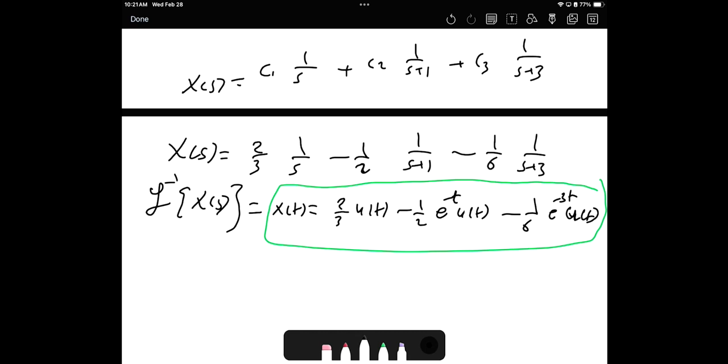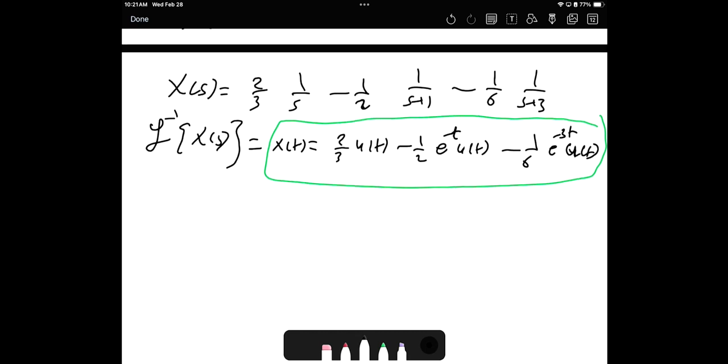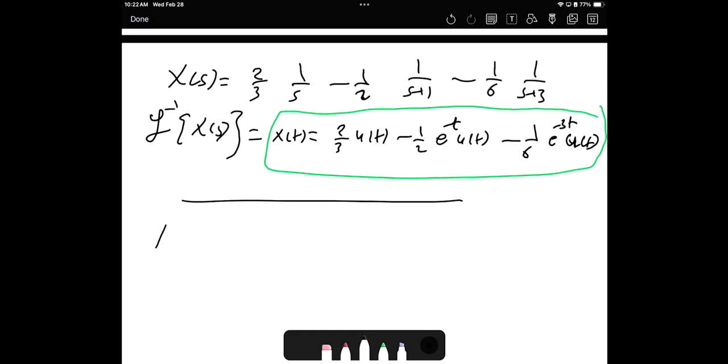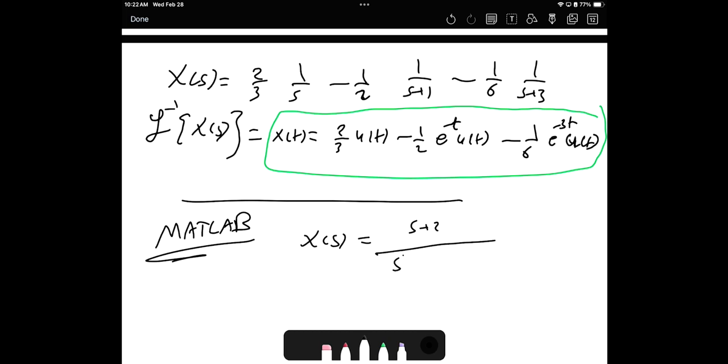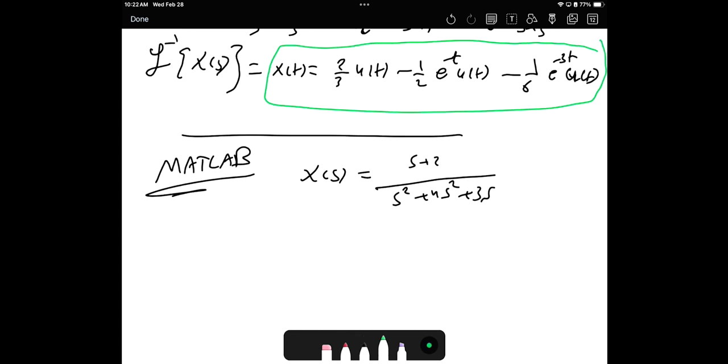Now, how can we do this in MATLAB? We did this in analysis, now how can we do it in MATLAB. The first thing, this is X of s: s plus 2 over s cubed plus 4s squared plus 3s. That's X of s. I don't need to do anything actually.